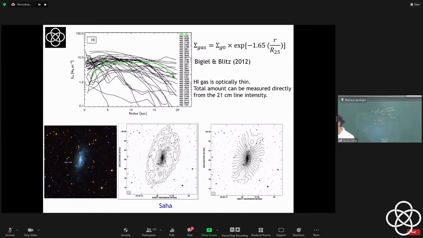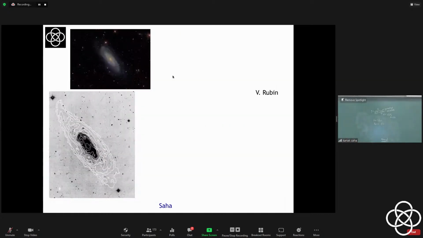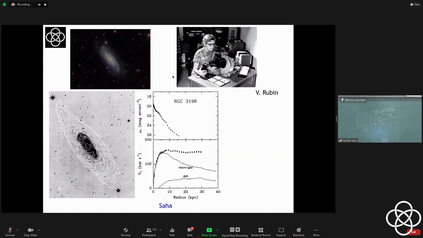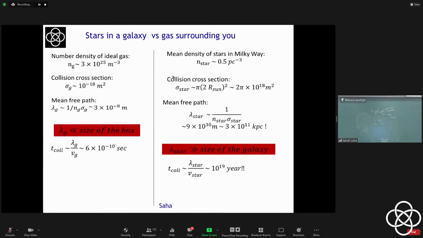I have this number somewhere. Let me show you. You can see that if you take the collision cross-section and calculate the simple mean free path, the mean free path of a star in a galaxy is a really large number.